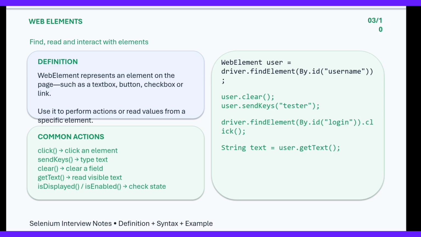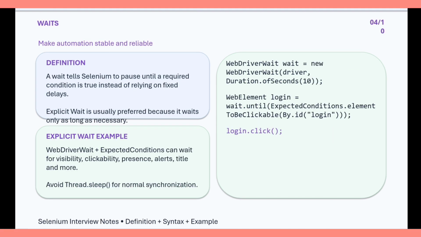But sometimes the element isn't immediately ready to interact with. That's where waits become important. Imagine your application takes a few seconds to load a button. If Selenium tries to click that button immediately, the test may fail even though the application is working correctly. To handle situations like this, we use waits. An explicit wait tells Selenium to wait until a specific condition becomes true.